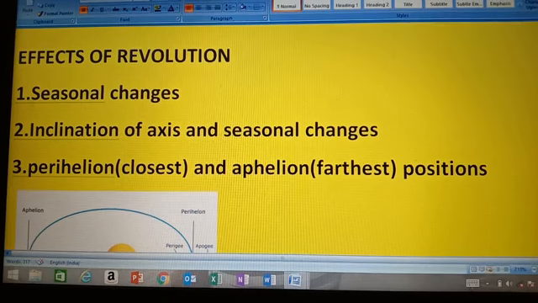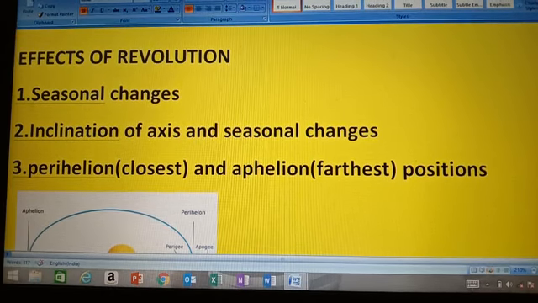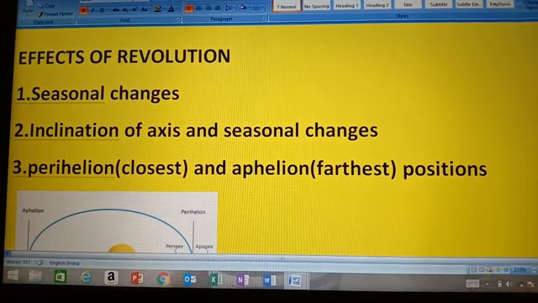We have studied about few characteristics of revolution, like the first one was elliptical orbit. The earth moves around the sun in elliptical orbit with an average speed of 29.8 km per second, which is about 1 lakh km per hour.